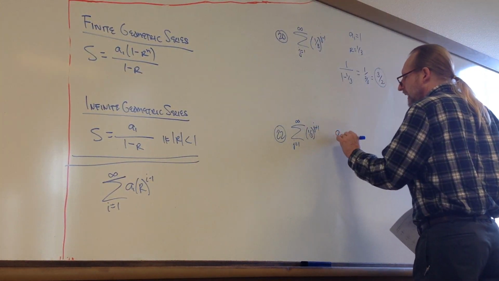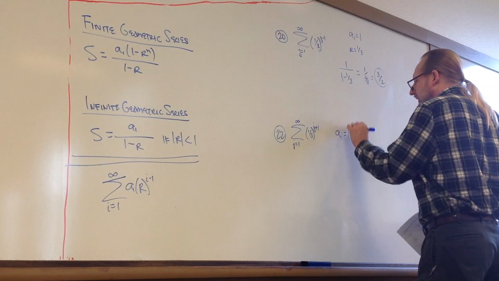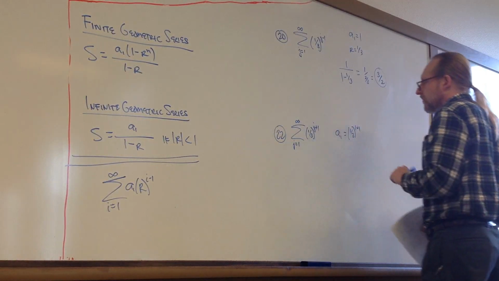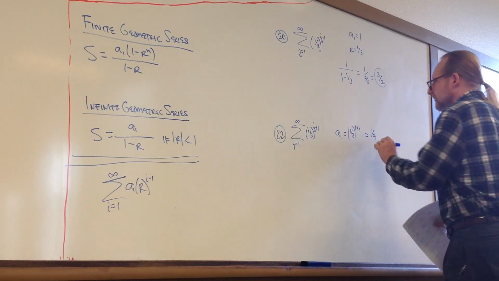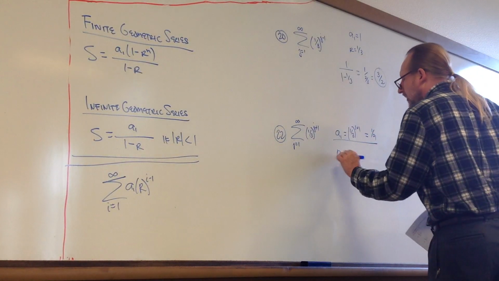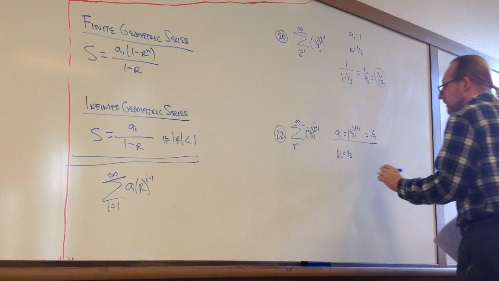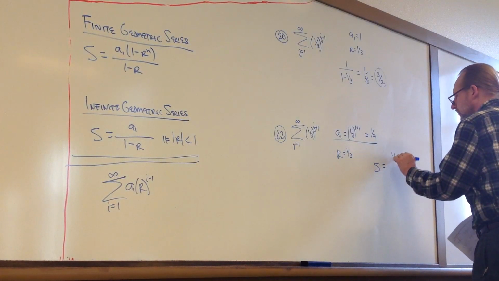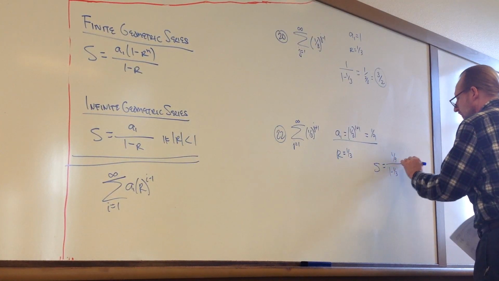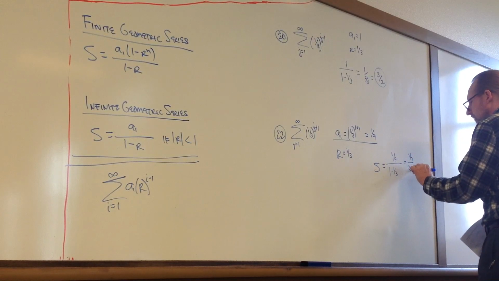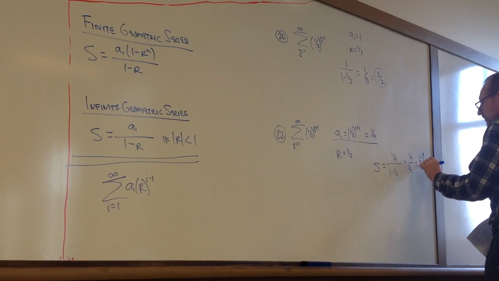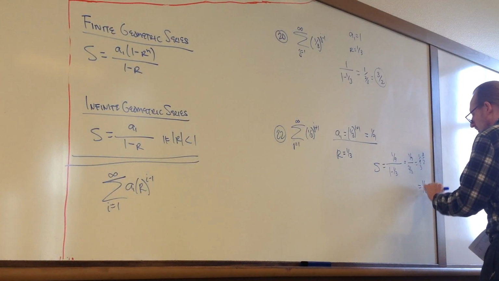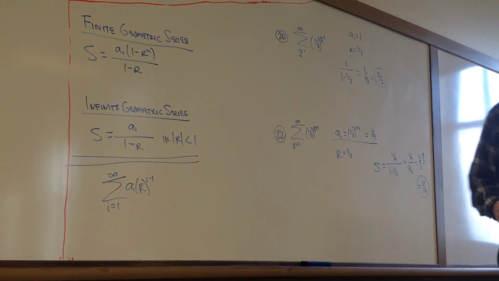We can find a1 by plugging in 1 into our formula, and so this is 1/3 squared, which is 1/9. So that's the value for a1, and our r is equal to 1/3. So the sum should be 1/9 over 1 minus 1/3. So what is this? 1/9 times 3 over 2, 1/6.